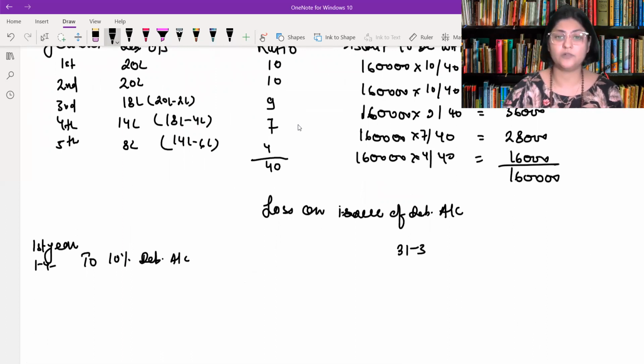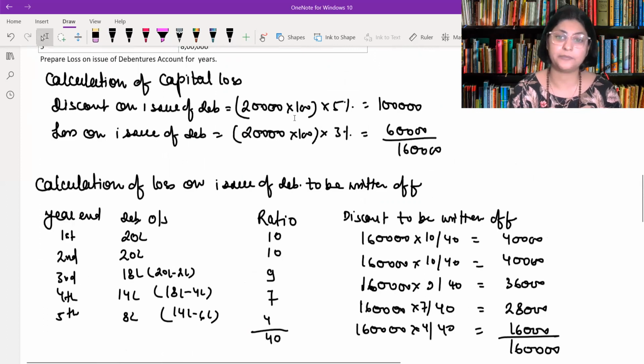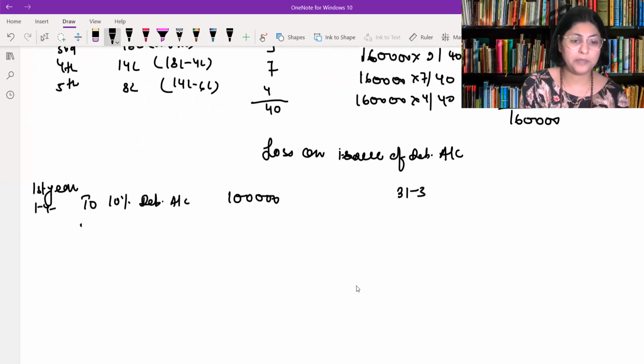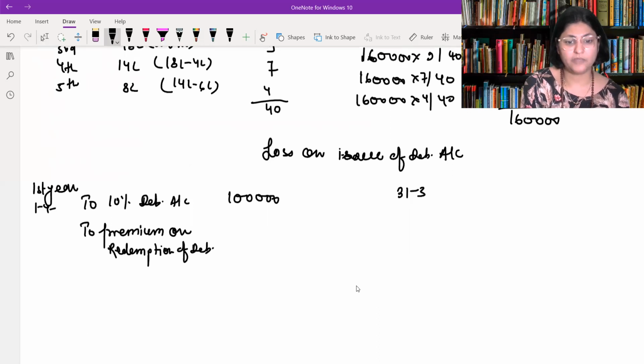The amount of discount was how much? We had calculated it separately. This was 1 lakh rupees, and this belonged to the premium on redemption. So we will write 1 lakh rupees for this. And for the remaining, we will write to premium on redemption, which is 60,000.